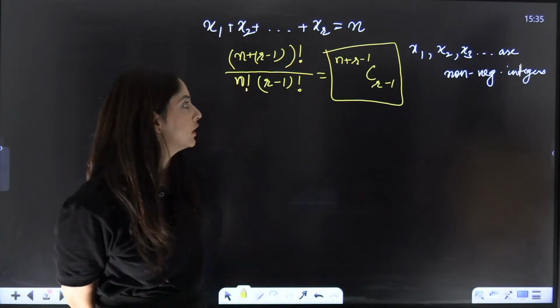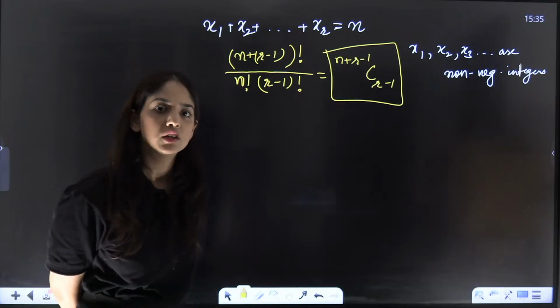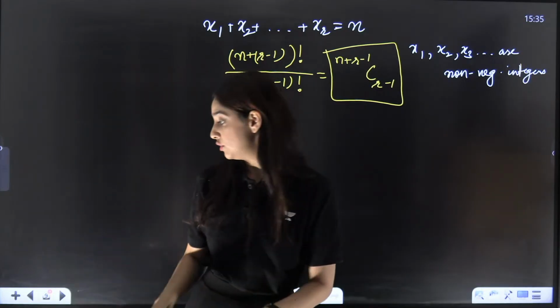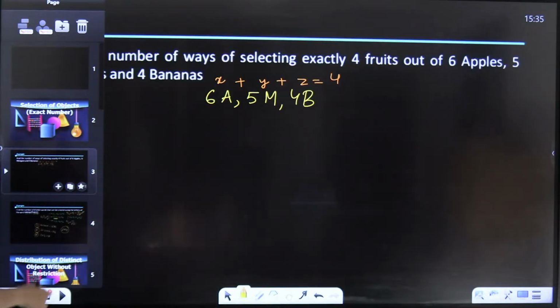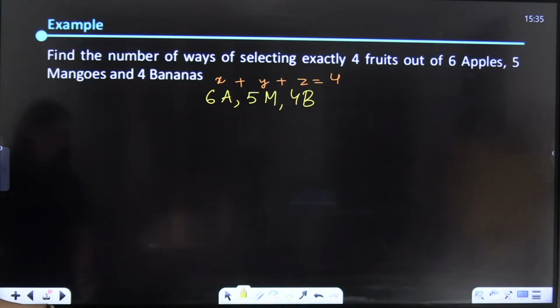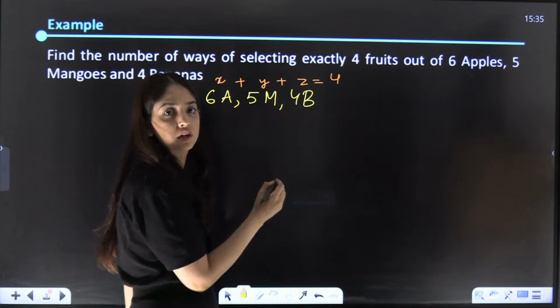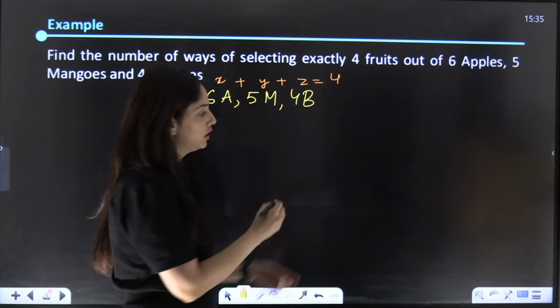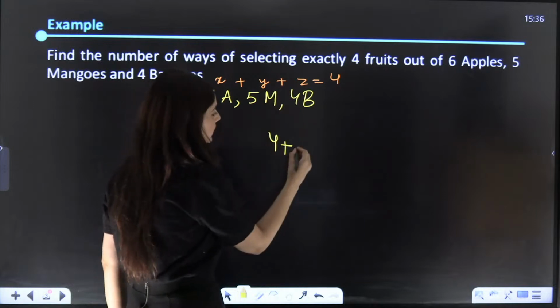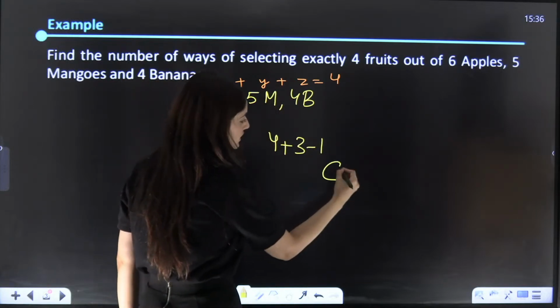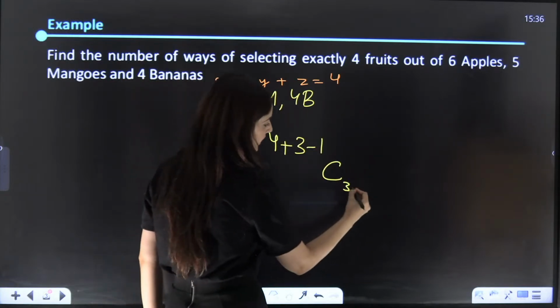This is the formula. Okay, so going back to our first question. Now we have n is 4, r is 3, so n plus r minus 1 C r minus 1.